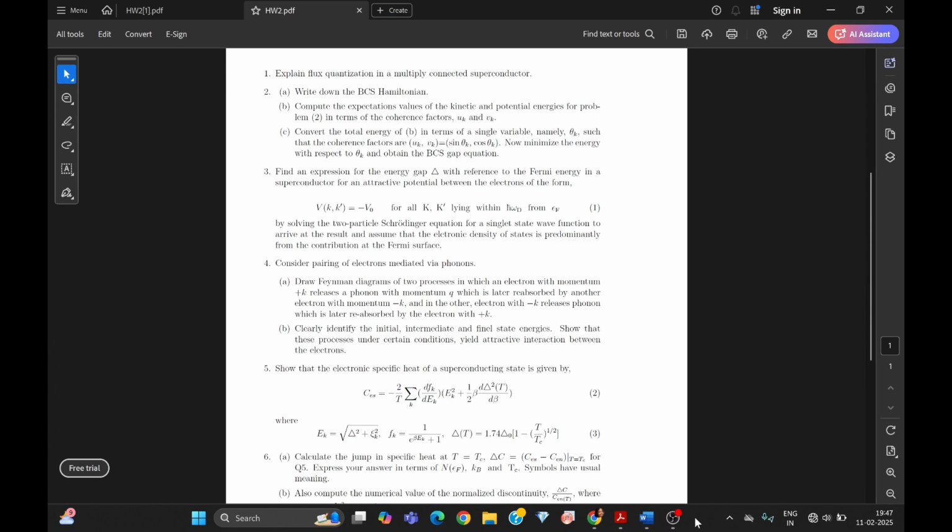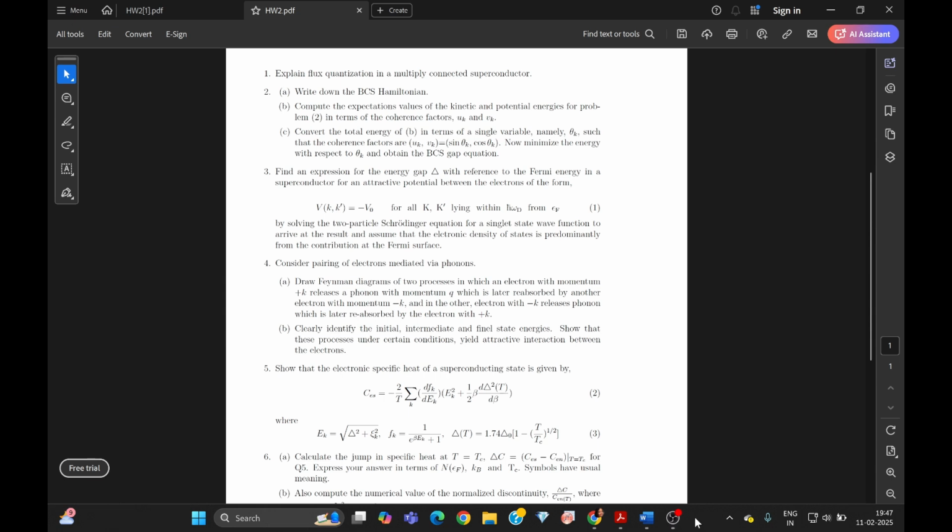Right. And they have asked that we identify the initial, intermediate, and final state energies. The initial energy, if we write E_i, it would be 2 epsilon k, when the phonon is q, right? And for this process, the same thing.